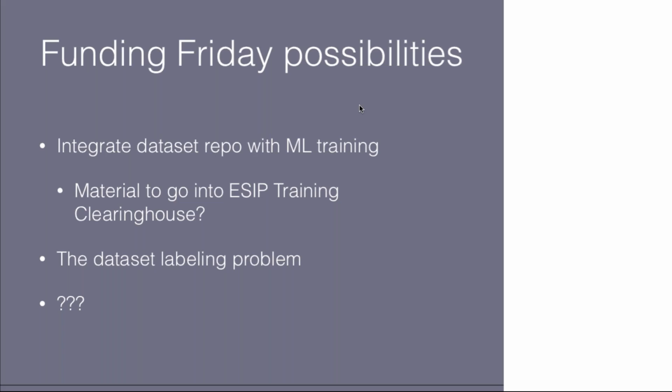From that idea, Nancy suggested that if we could produce an output, it could be put into the ESIP clearinghouse training material, which I always like, something like a deliverable: we did this thing, here you can go look at it and see what we learned. Maybe there's another Funding Friday possibility around generating labels for a data set or something like that.